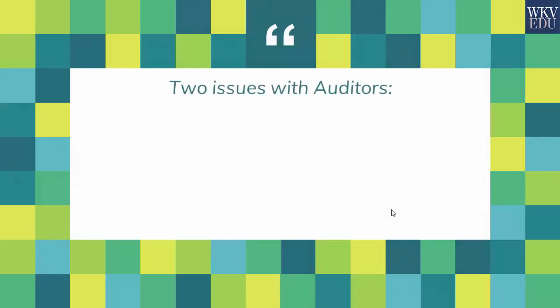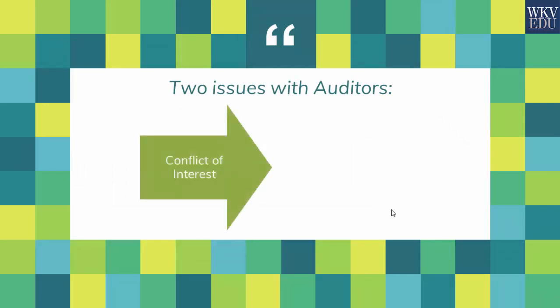There can be two major issues with auditors. First is known as conflict of interest. Major audit firms in the world also have consultancies that help investors in picking their investments, stocks or bonds from different companies. Here they can have a conflict of interest. One team is auditing a particular firm, and there's another team consulting or asking investors to invest in certain sets of firms.